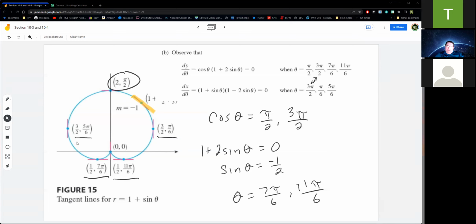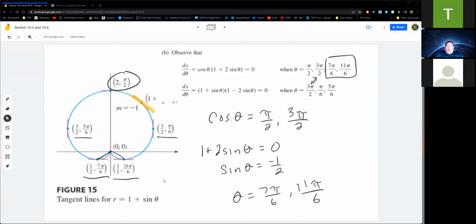If you plugged those in, the radius of those points would be 1/2. Remember, that's the radius and that's the theta. So from this point to that point, my radius is 1/2 in both directions.